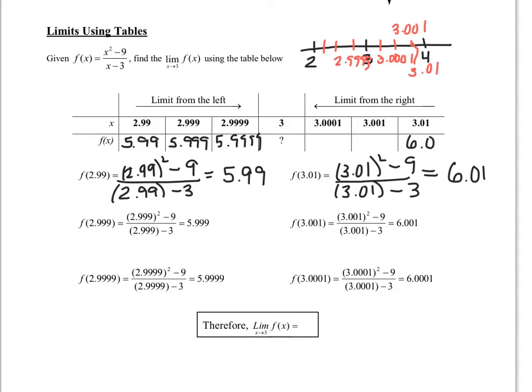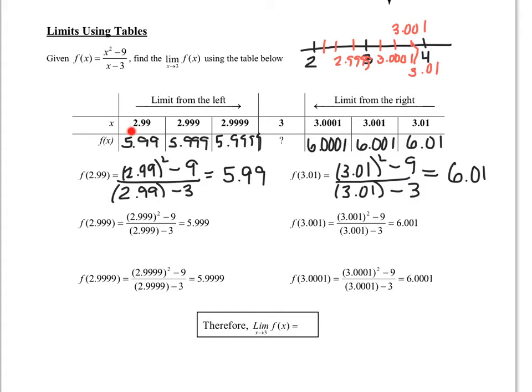So when x is 3.01, y is 6.01. Again, I'm not going to have you do this again, but I already plugged in f of 3.001, and I got 6.001. And then the next one I got was 6.0001.